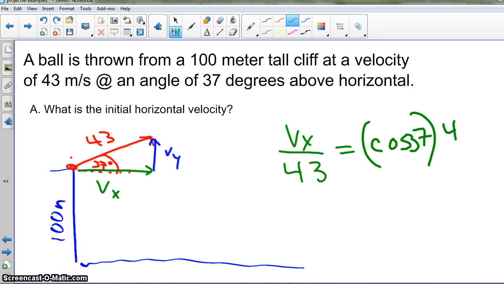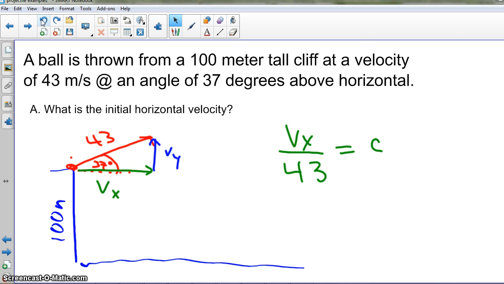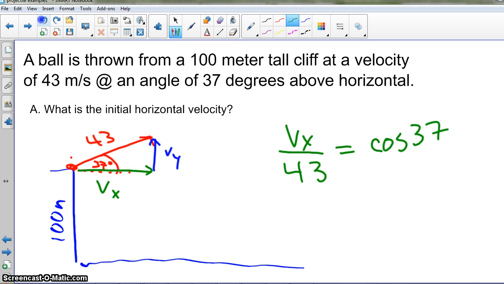So 43 times the cosine of 37 is going to give us Vx.